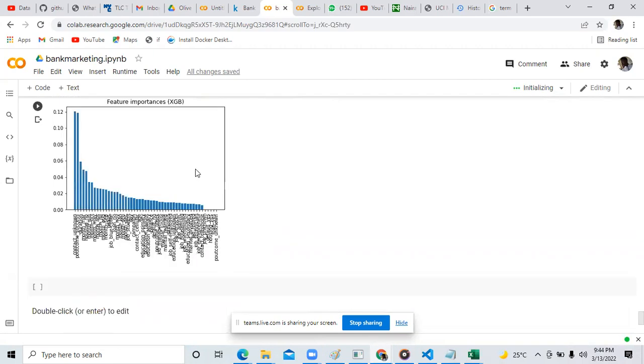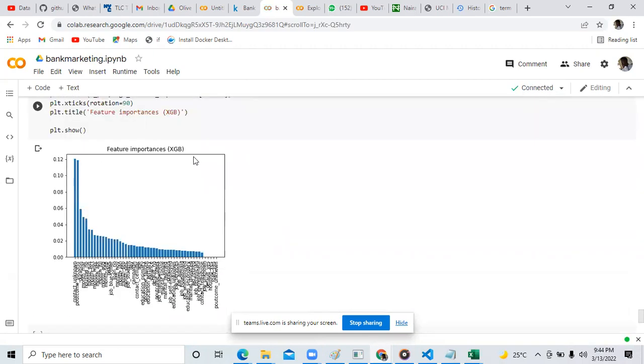So we did something called feature importance using a machine learning model called XGBoost.